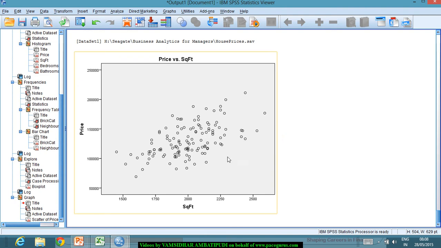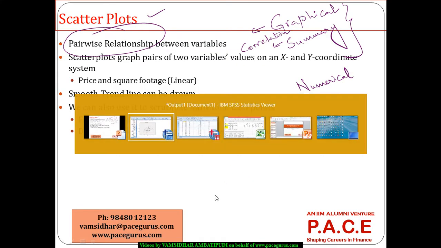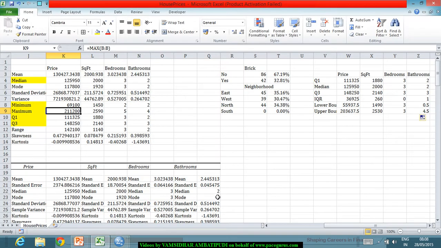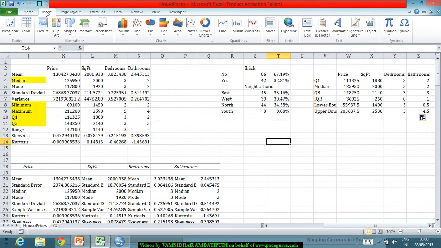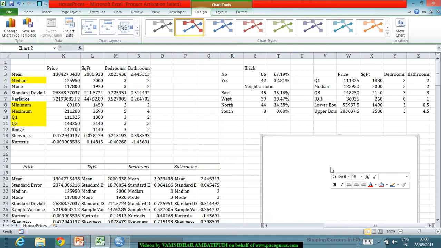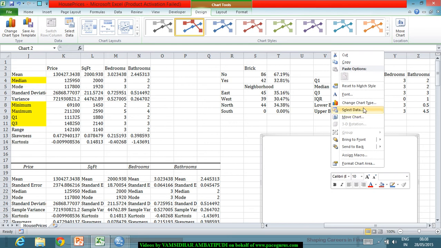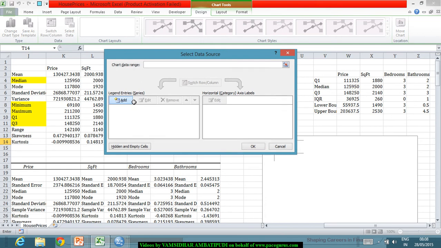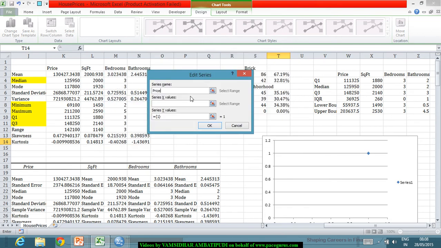So probably it's giving me, and even here in the Excel sheet I can go for this kind of a scatter plot. I'll insert a scatter plot wherein I am selecting the data price versus square feet.